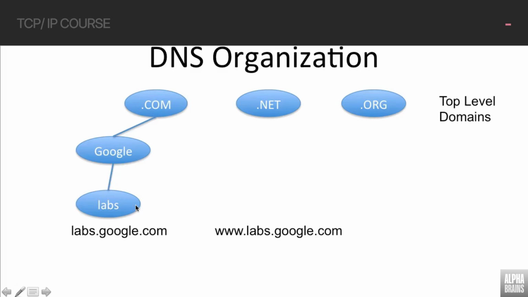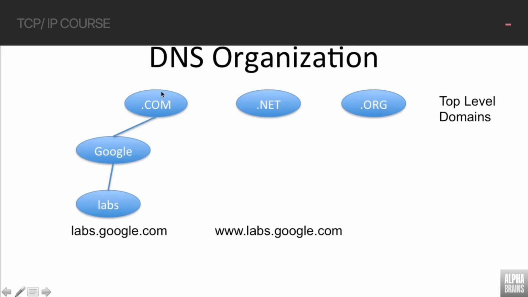Once I've got that information, now I can go to the DNS server for labs.google.com and I can ask it about the specific host name that I want, which is www.labs.google.com.